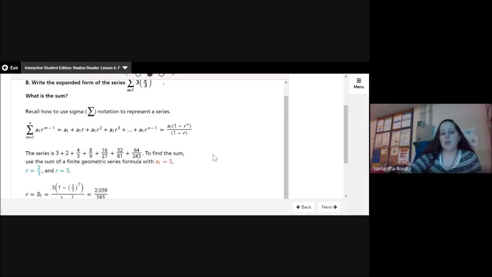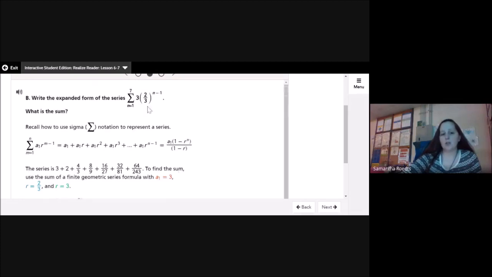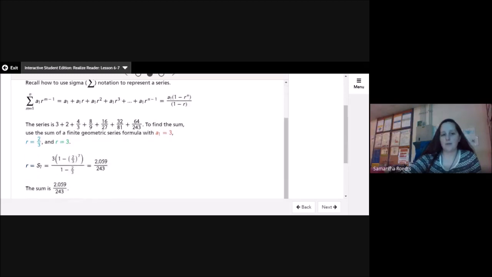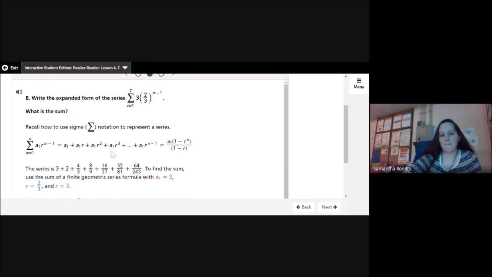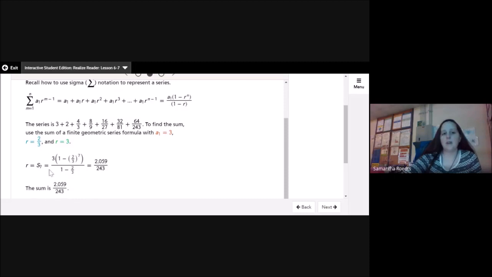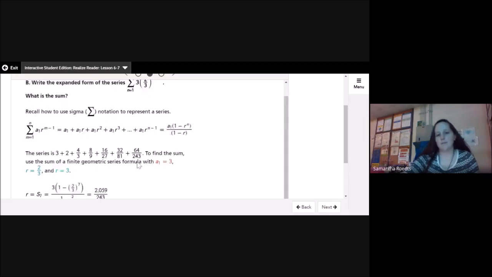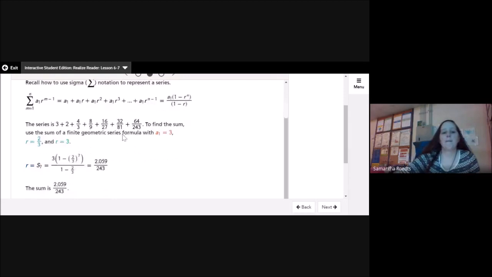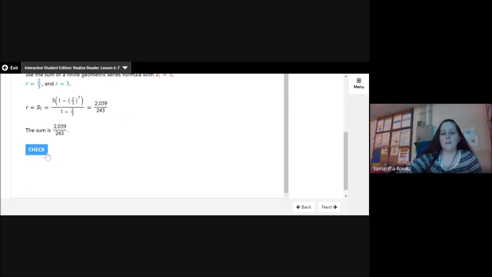To find the sum, use the sum of a finite geometric series formula with a sub 1 equals 3, r equals 2/3, and n equals 7. So S sub 7 equals 3, my first term, times 1 minus 2/3 to the 7th power, 2/3 my r value, divided by 1 minus 2/3 equals 2059 over 243.